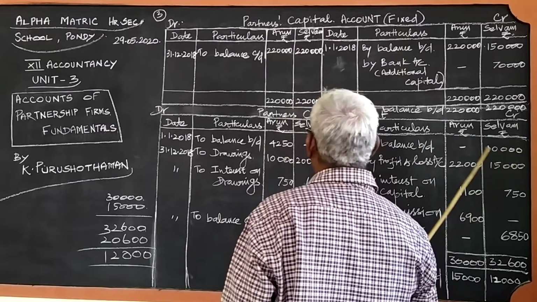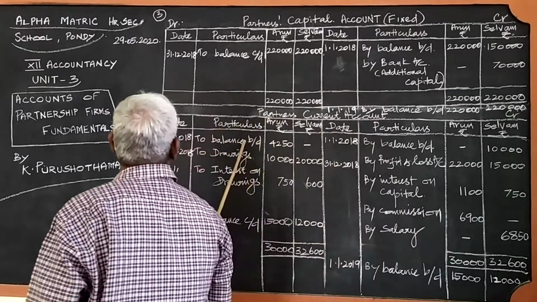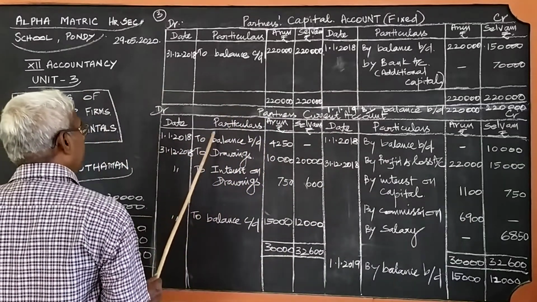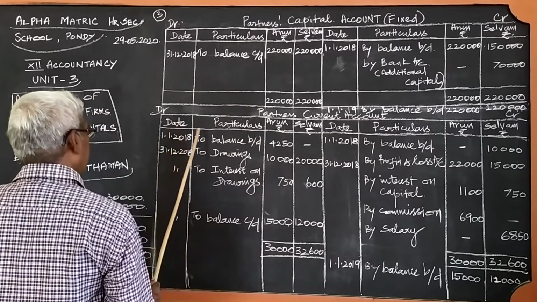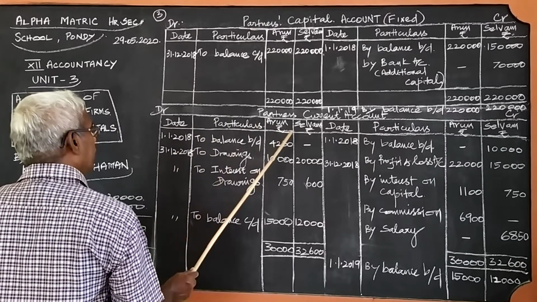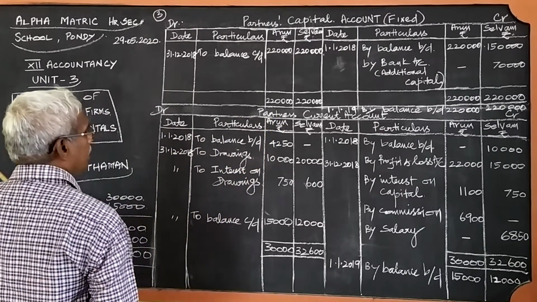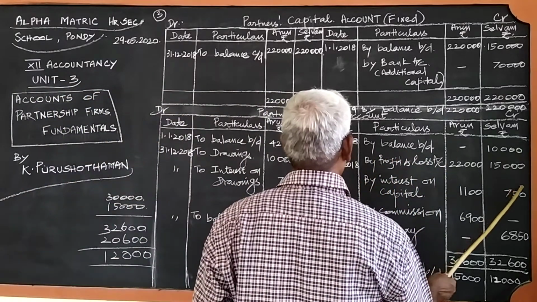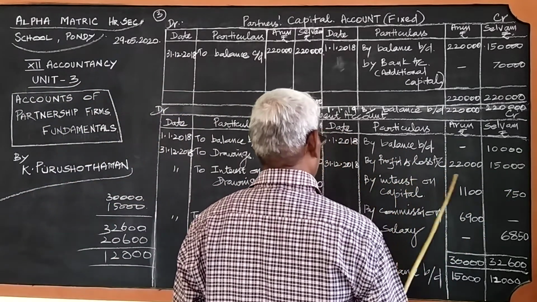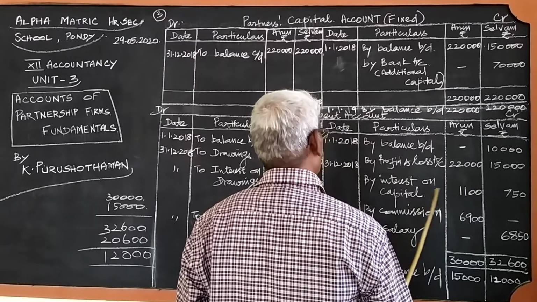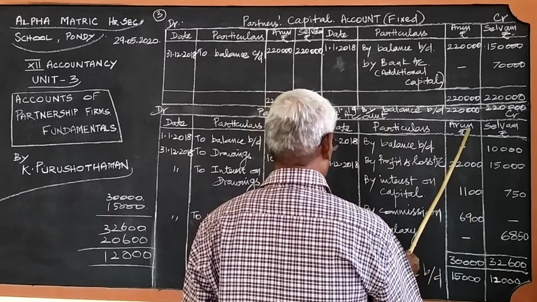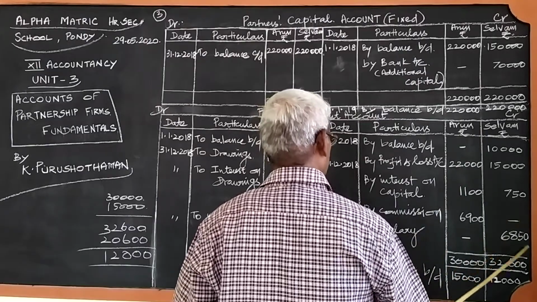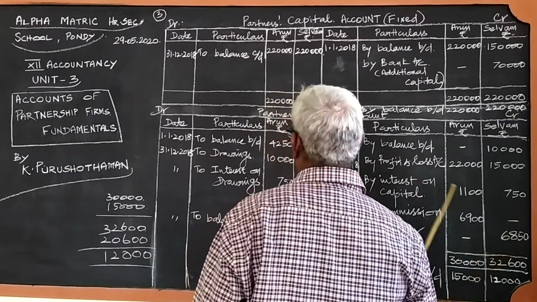But for Arun, it is a debit balance given, and therefore to balance brought down is written for Arun. For the rest, profit share by profit and loss account, interest on capital is income, commission is an income to Arun, salary is an income to Selvam.